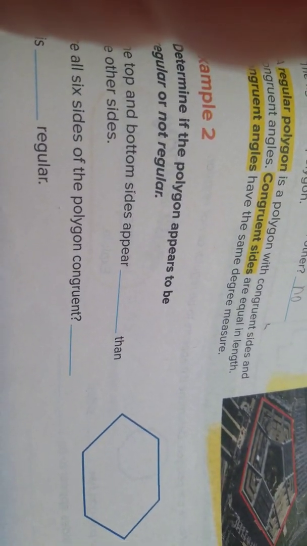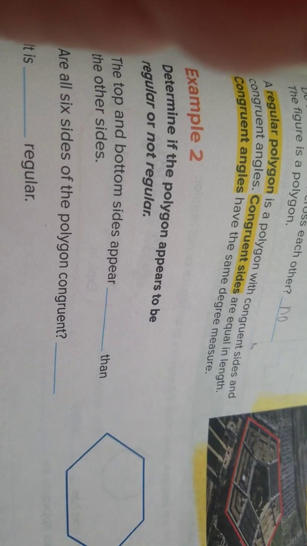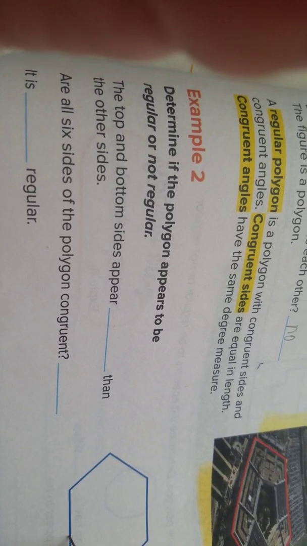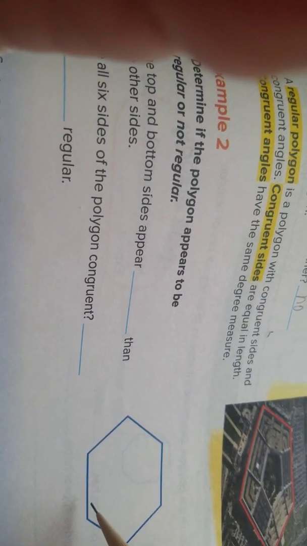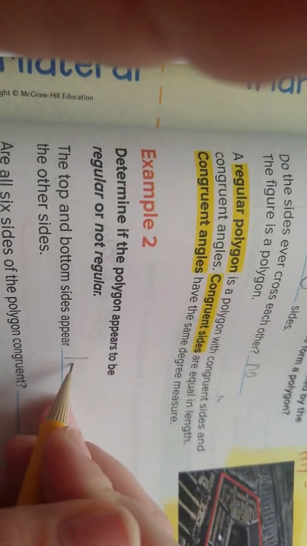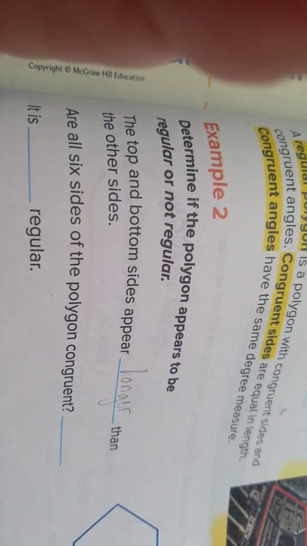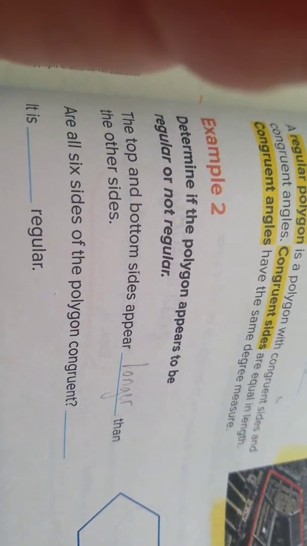So take a look at this example 2. The top and the bottom here appear to be a bit bigger. They're a little bit longer than the other 4 sides. Are all 6 sides of the polygon congruent?